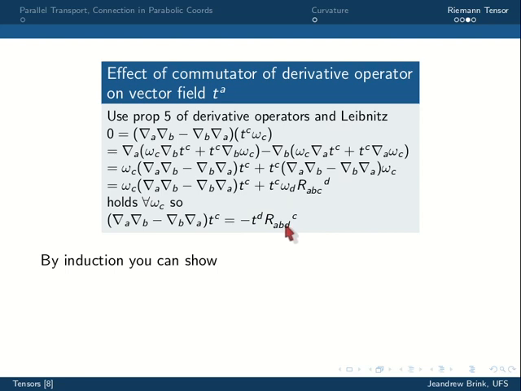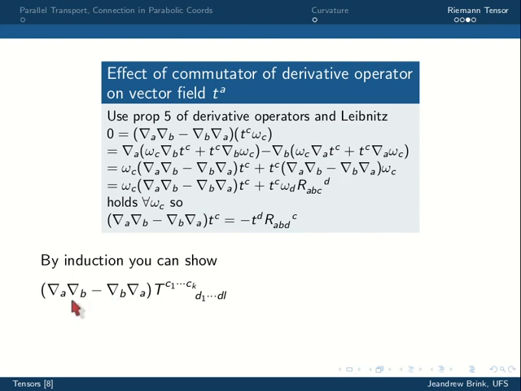Okay, so we now have a way of storing all the commutators of derivative operators in a curved manifold in terms of the Riemann tensor. And so it actually allows us to switch the order of derivatives provided you add in a term that contains your Riemann tensor. And your Riemann tensor, if you know the metric, is known. Okay, and then in general, you can also do this to any tensor.